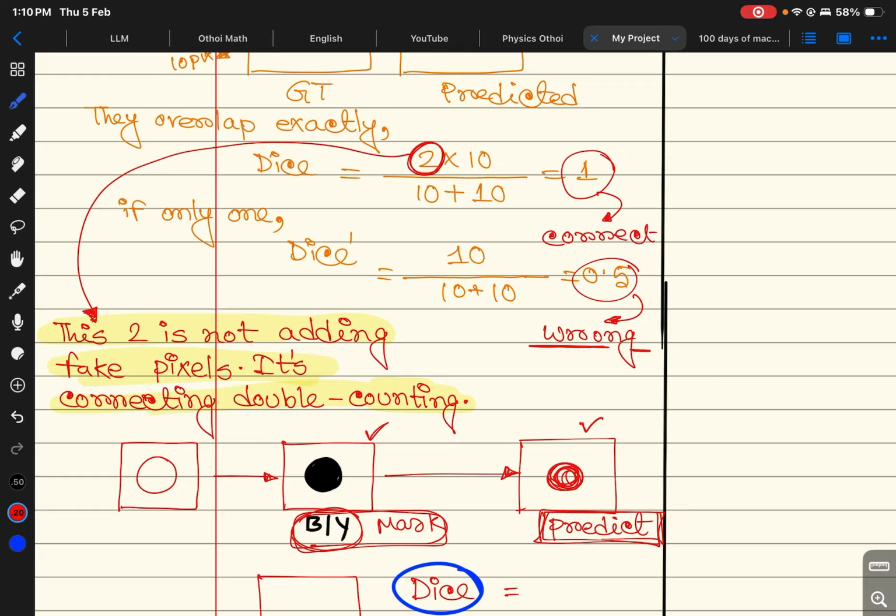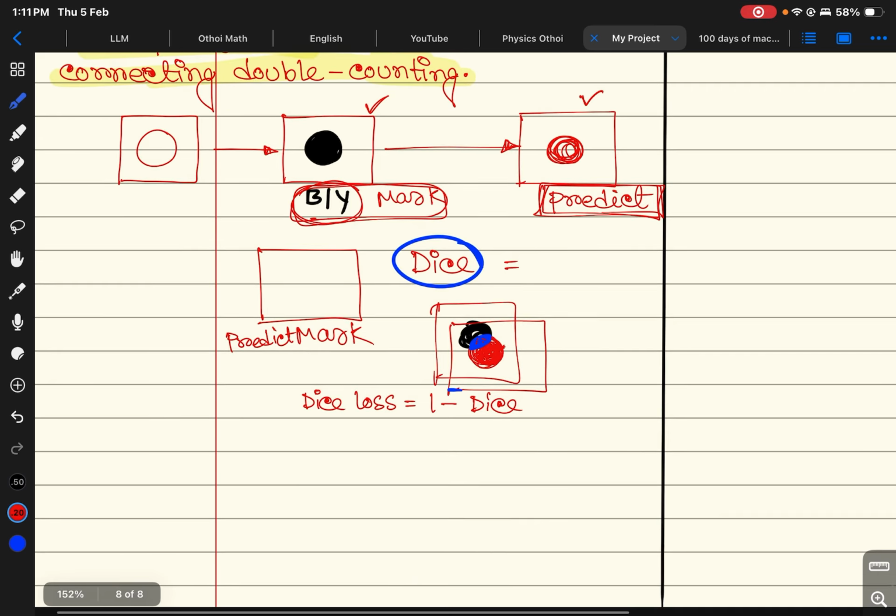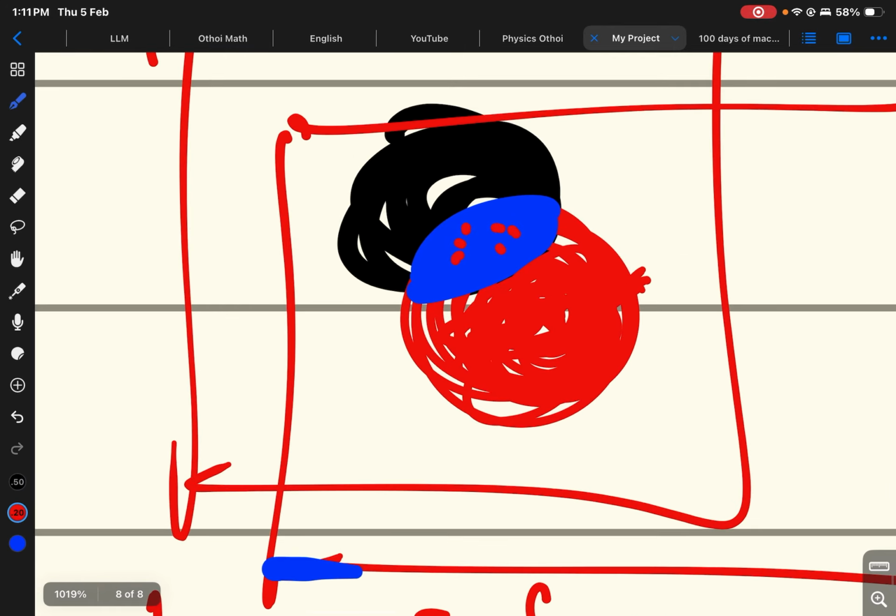But if we do 2x, it basically means that 2 is not adding fake pixels, but it's actually correcting the double counting, because this smaller portion is a part of this mask, and this smaller portion is a part of this mask as well.